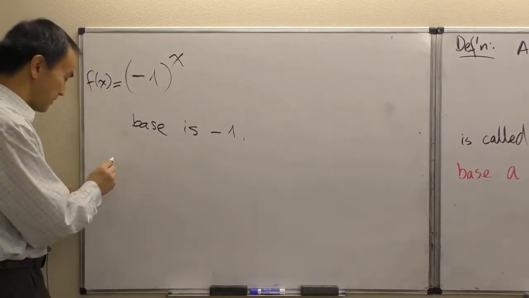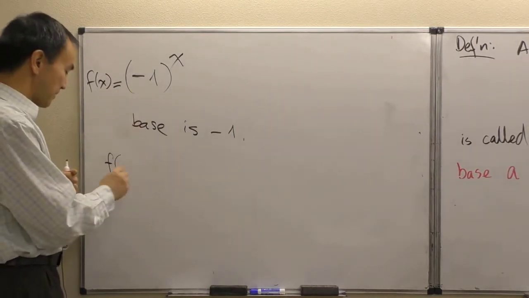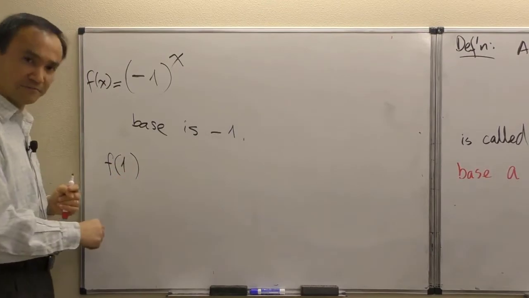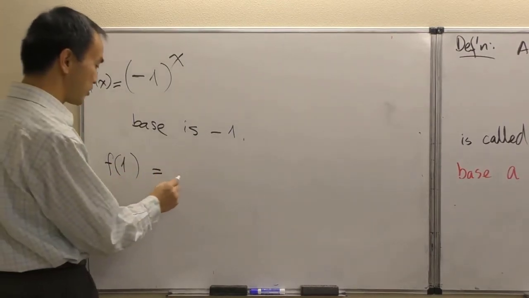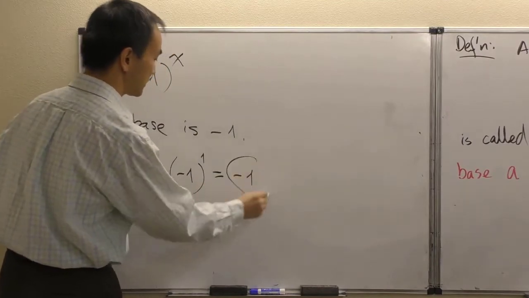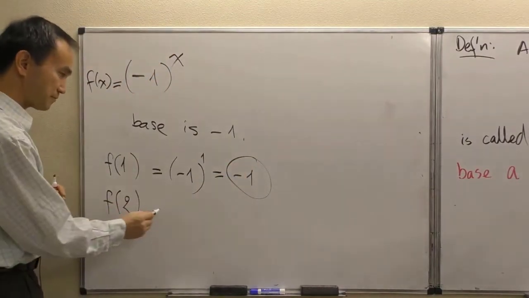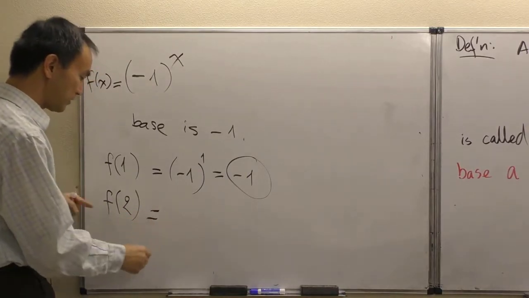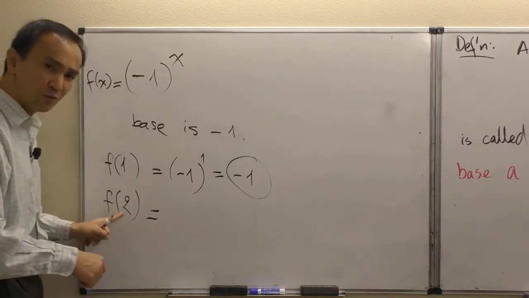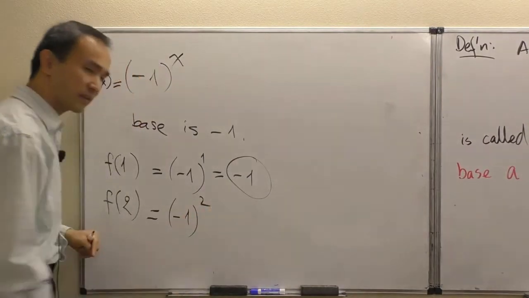So let's have a few investigation problems here. For a rule defined like this, if we go f of 1, the input equals 1, and the function goes -1 raised to the first power, which is -1. That's the output. And then f of 2, when the input equals 2, this is (-1) squared.